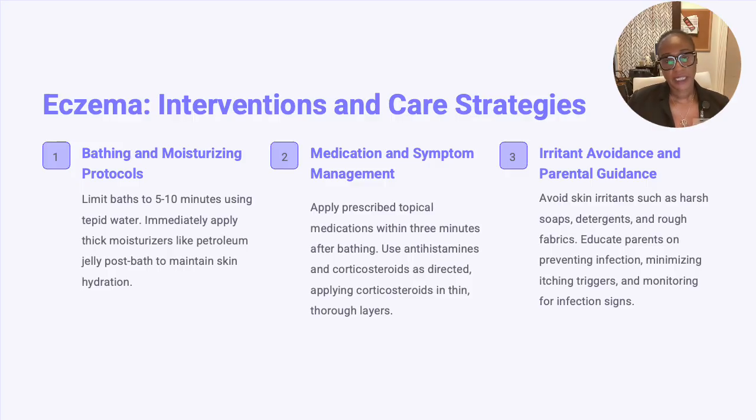Bathing water should be tepid, and the bath should be limited to 5 to 10 minutes. The skin should be moisturized immediately after the bath with a thick cream or ointment, such as petroleum jelly, for example. If topical medications are prescribed, they should be applied within 3 minutes after the bath is given.